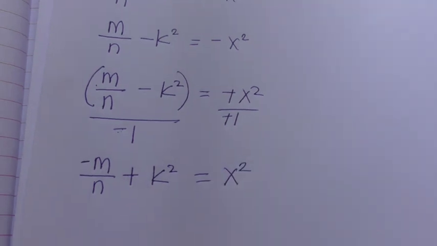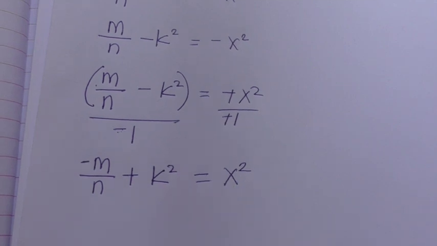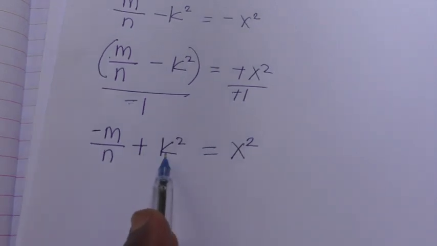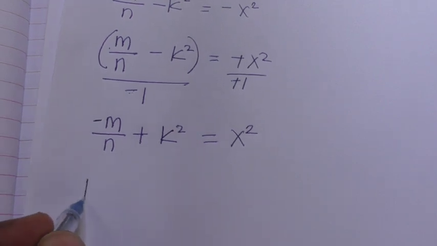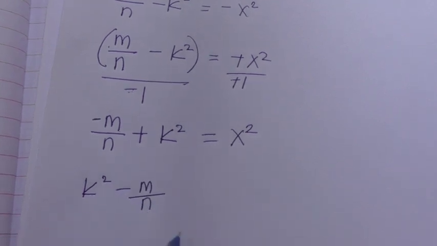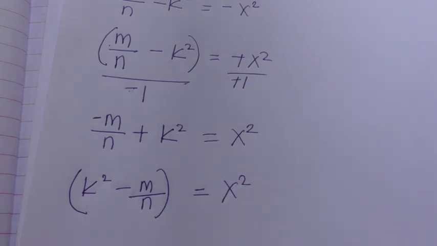So that was our first step of removing the negative away from the x squared. Now, our final step is to remove the square. But we can rearrange this so that the positive comes first, hence having k squared minus m over n equaling x squared.